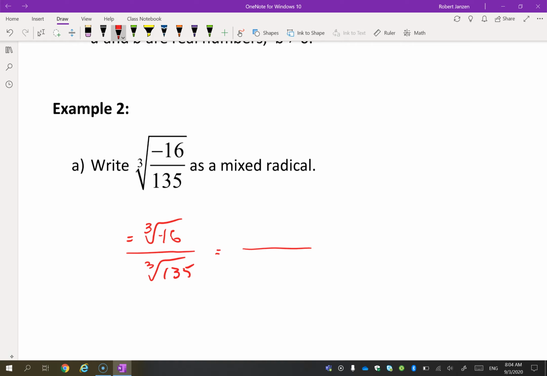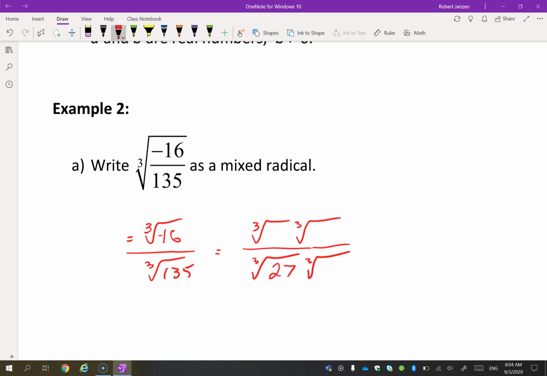I'm going to simplify the top: is there a factor of negative 16 that's a perfect cube? And on the bottom, is there a factor of 135 that's a perfect cube? Now, let's do the bottom first. I think 27 will go into there evenly.